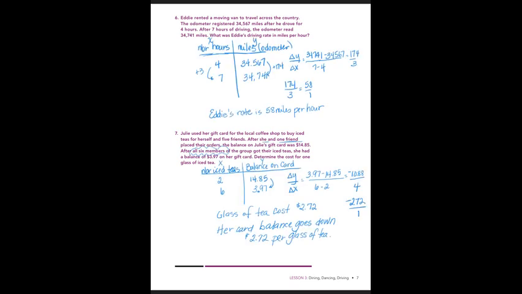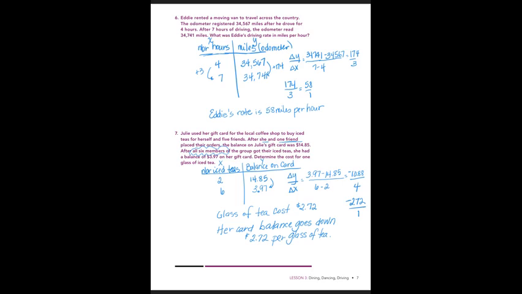I hope you did a good job on this. Let's review. You can look at my work while I'm talking. We know that the miles that Eddie travels will depend on how many hours he's driving. So my dependent variable is miles and my independent variable is number of hours. We know that after 4 hours, the miles on his odometer register 34,567. So that's 1 point. After 7 hours, the miles read 34,741. So that's our other point.